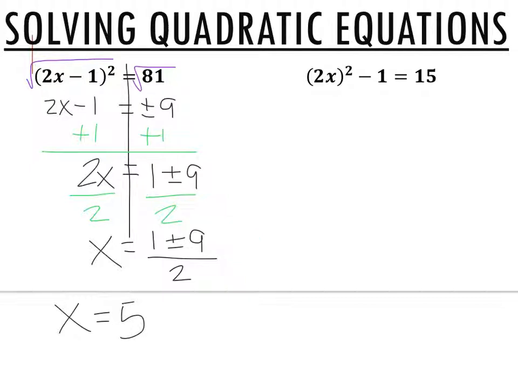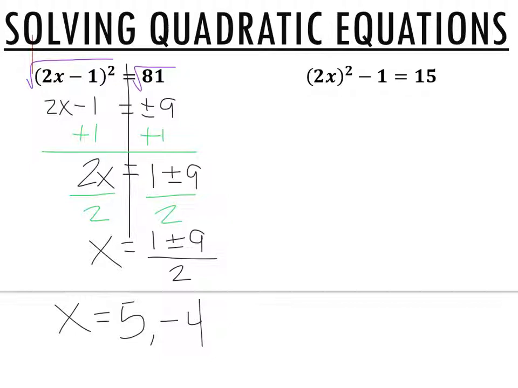And then I have 1 minus 9, which is negative 8, divided by 2. And negative 8 divided by 2 is negative 4. So that's what we worked on a little bit of Thursday, finished Friday. And so now we're going to take it a step further.